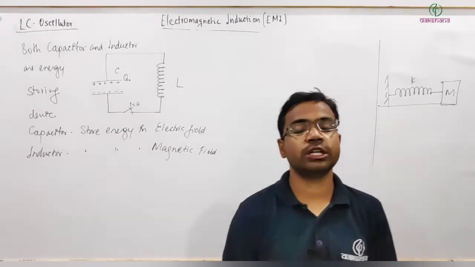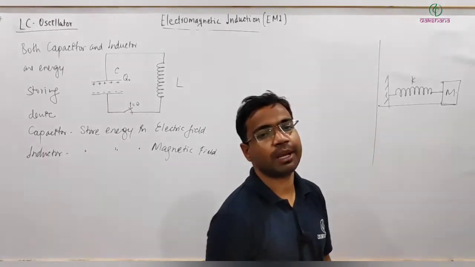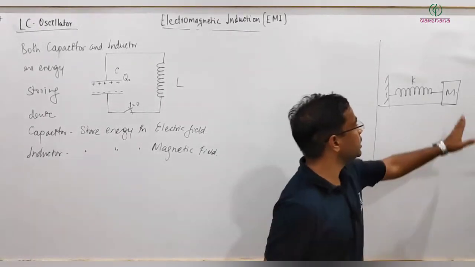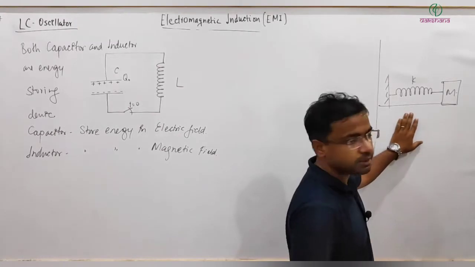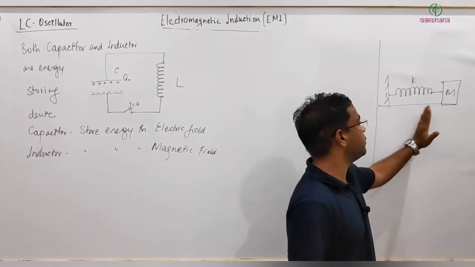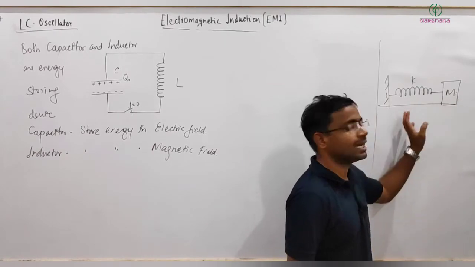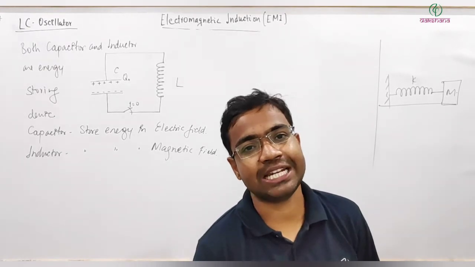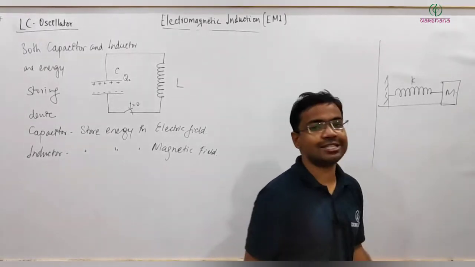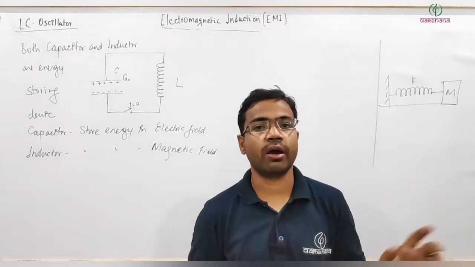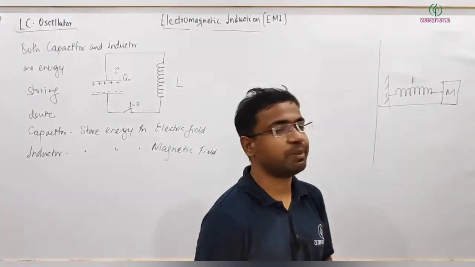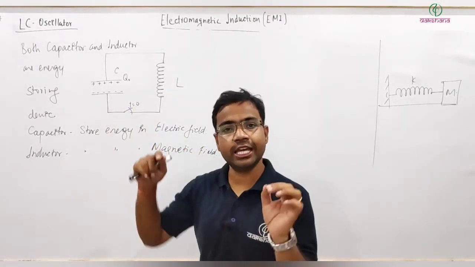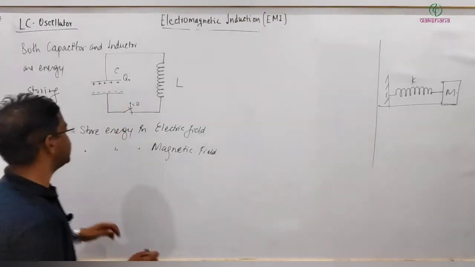At the equilibrium position, the complete energy of the spring will be supplied to the mass, and it will be stored in the form of kinetic energy. After that, it will keep on moving further and try to compress the spring further, and at the time of maximum compression, you know already, the kinetic energy of the block becomes zero, and again the complete energy is stored in the form of potential energy in the spring. So here also energy keeps on oscillating between kinetic energy of the block and elastic potential energy of the spring. Exactly the same thing happens here also, right? So here energy keeps on oscillating in the form of electric field and magnetic field.